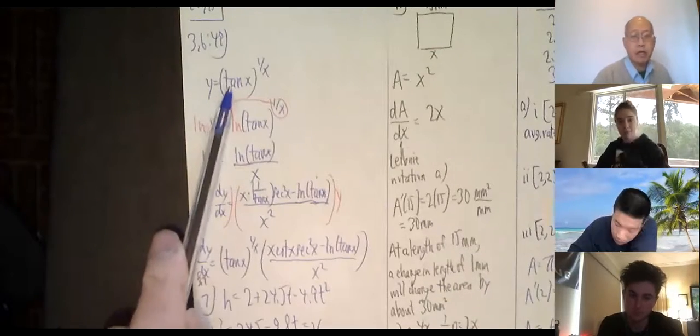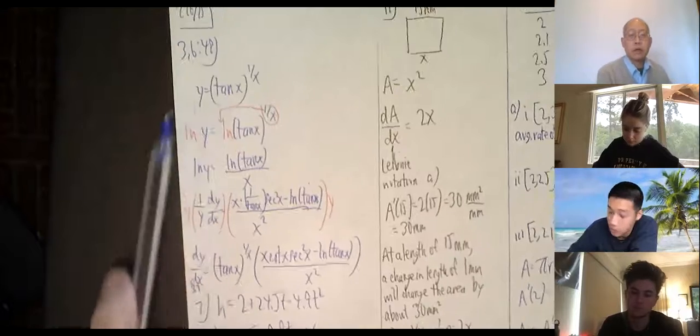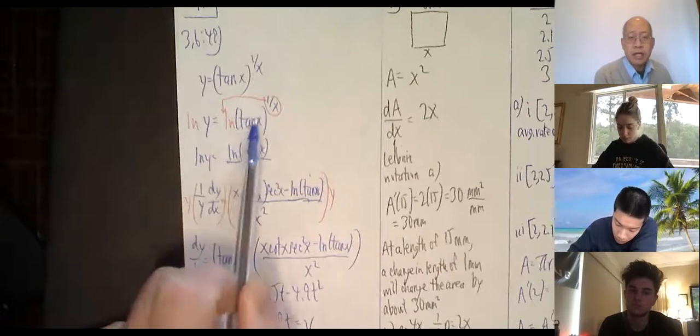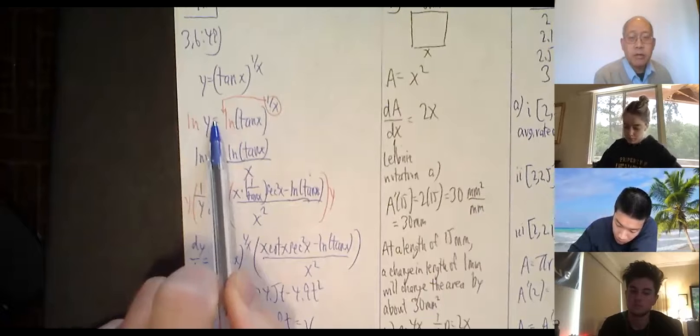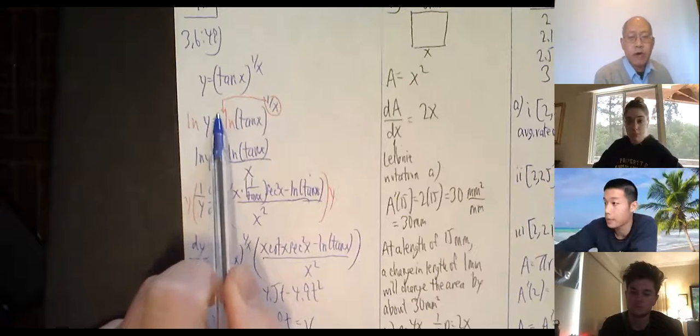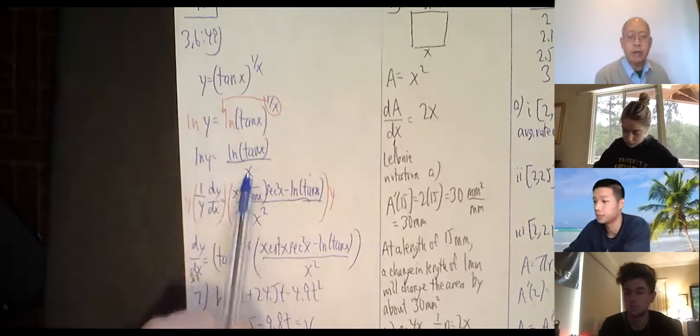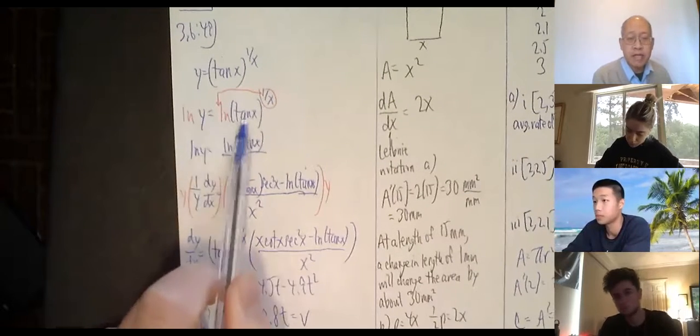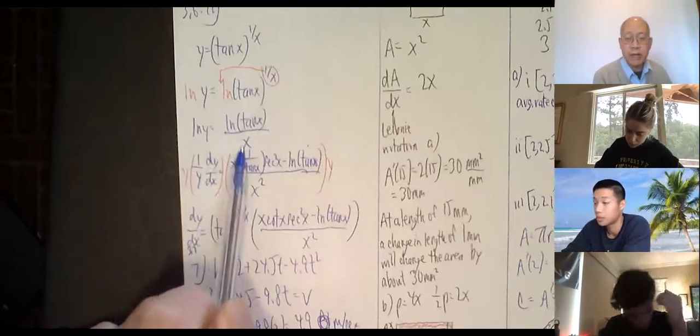Okay, so take the natural log of both sides. So ln. Once you have the ln, this 1 over x comes down, right? And if it's going to be 1 over x, you might as well just write it as the whole thing over x. See this 1 over x times ln tan x, just have it divided by x.